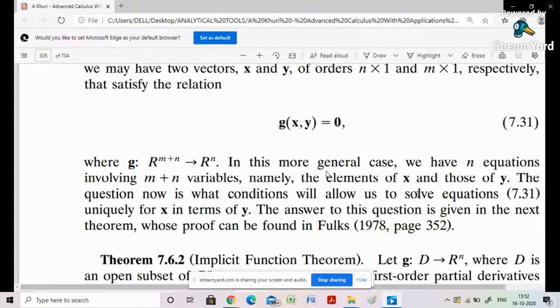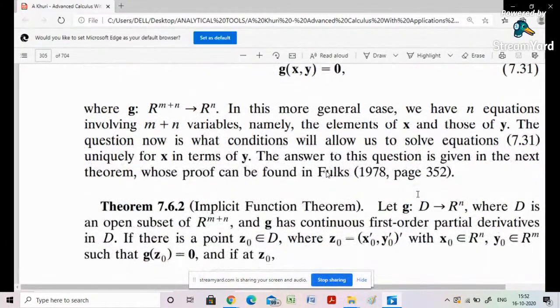The number of variables is m plus n and the number of equations is n. So we cannot use traditional methods for solving this system of equations. For such situations we can use the implicit function theorem for getting solutions.